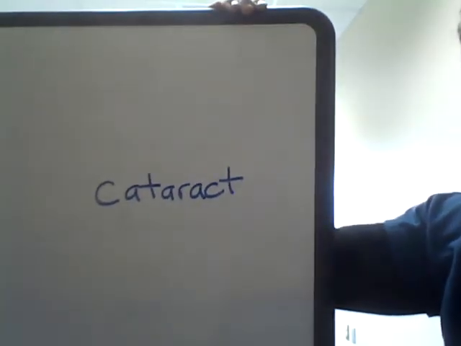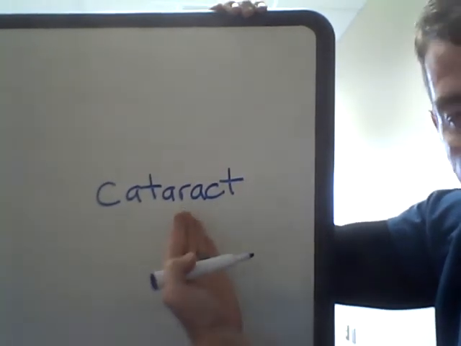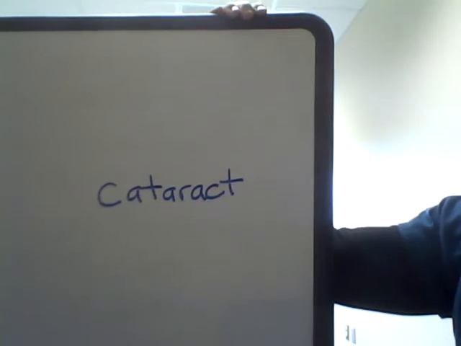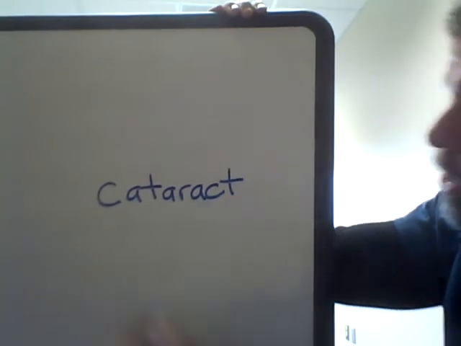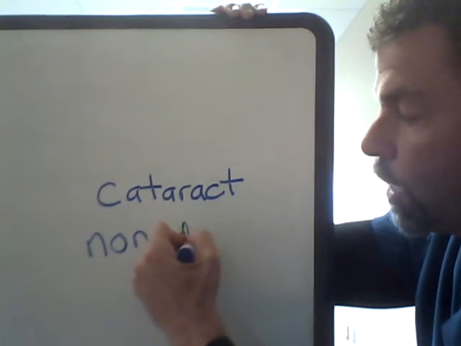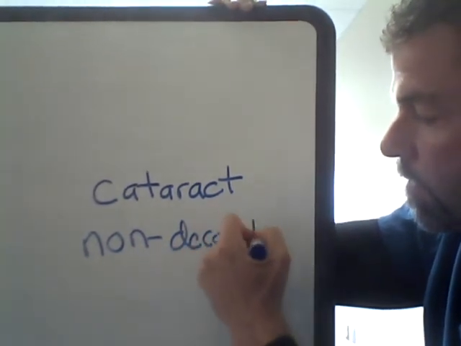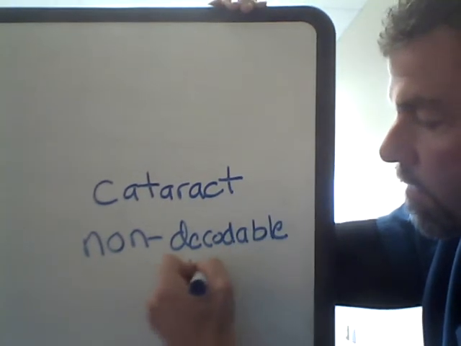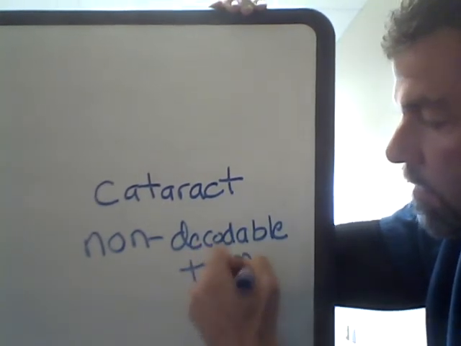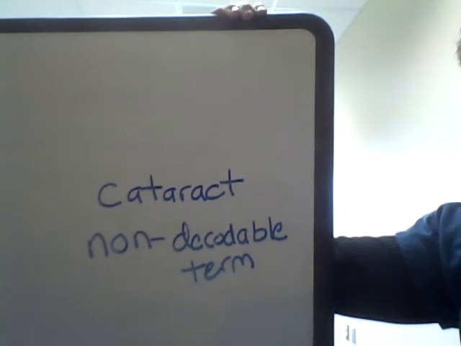Cataract can't be broken down into a combining form and suffix or prefix, combining form and suffix. So again, we refer to it as a non-decodable term. Those are a little more tricky. They practically just come with practice.